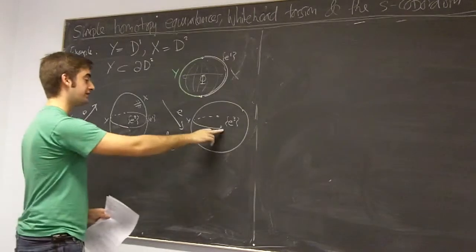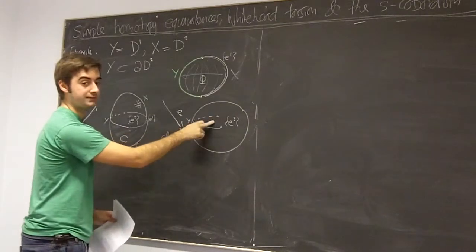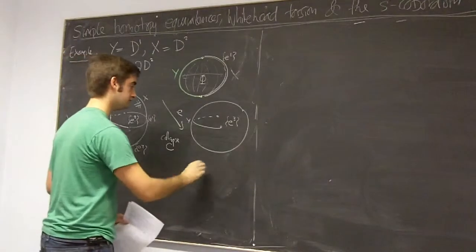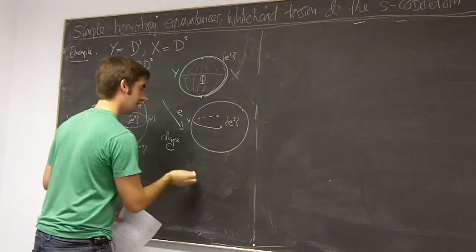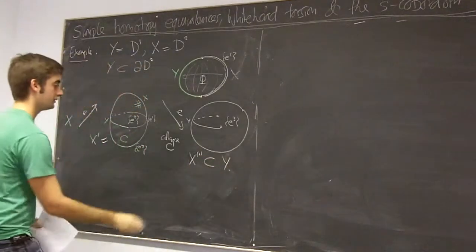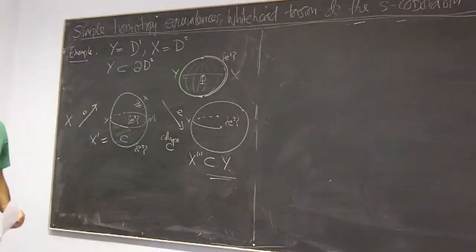So now the entire one skeleton is in Y, and then the rest is in X. Clear?